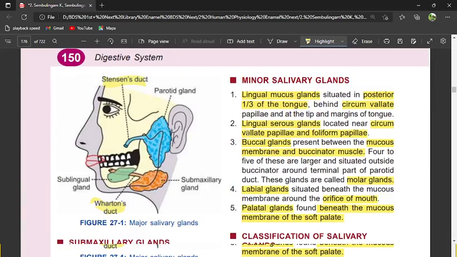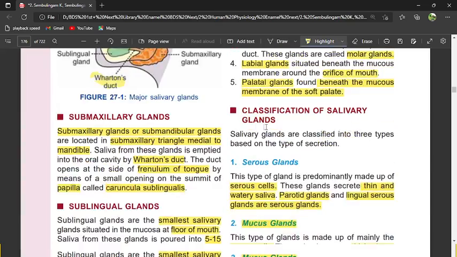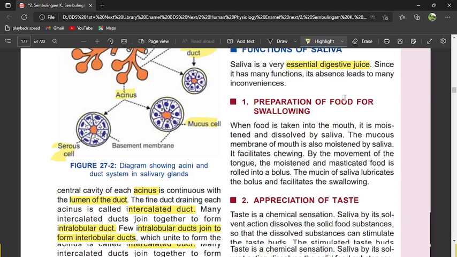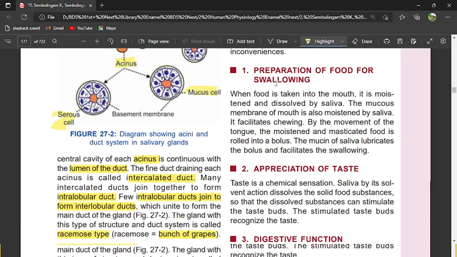Labial, lingual serous, in both of these you will find that secretion. Now we will do the functions of saliva, okay. Saliva is essential as a digestive juice, and its absence may cause inconveniences also. The preparation of food for swallowing. When food is taken into the mouth, it is moistened and dissolved by the saliva.